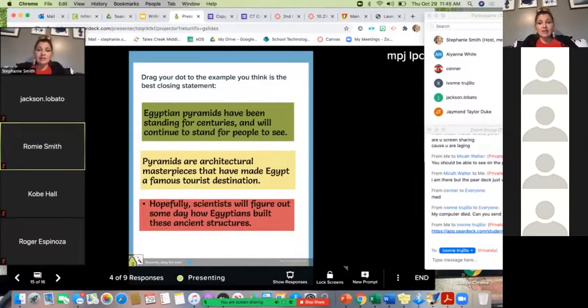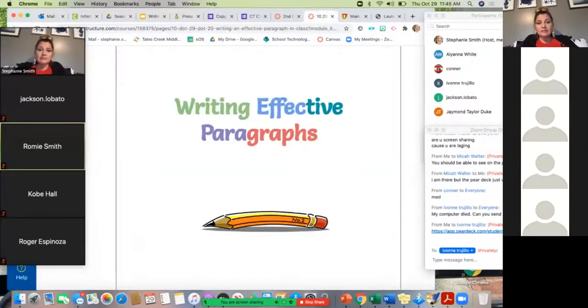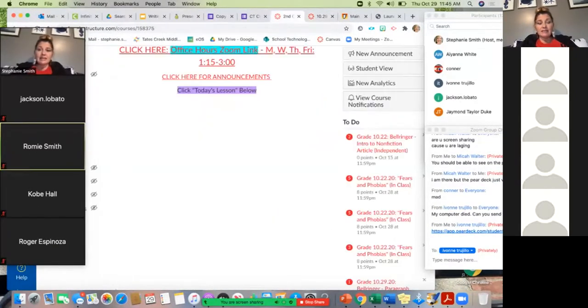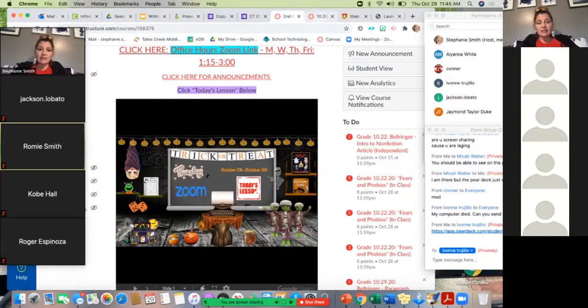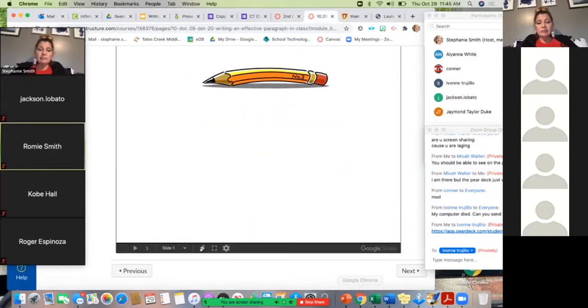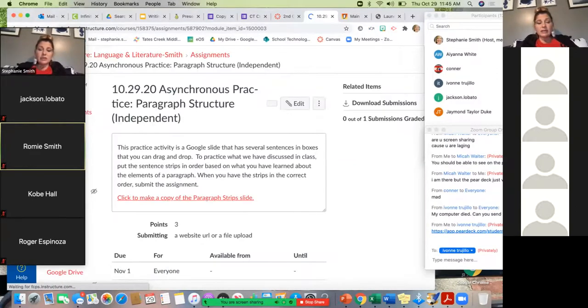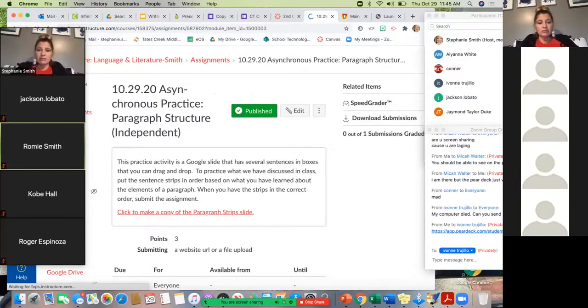All right, let's talk about your homework. This is an easy and fun little activity. So when you're on the first page, if you click next, it's going to take you to what your asynchronous work is for this afternoon. It's a Google slide. It has several sentences and boxes that you can drag and drop.